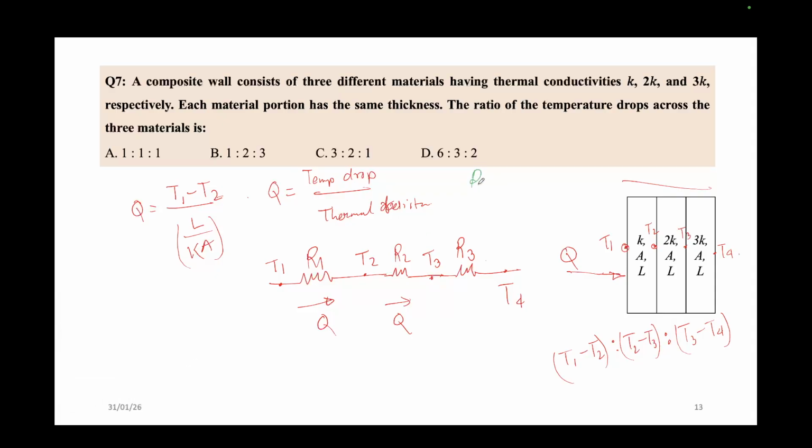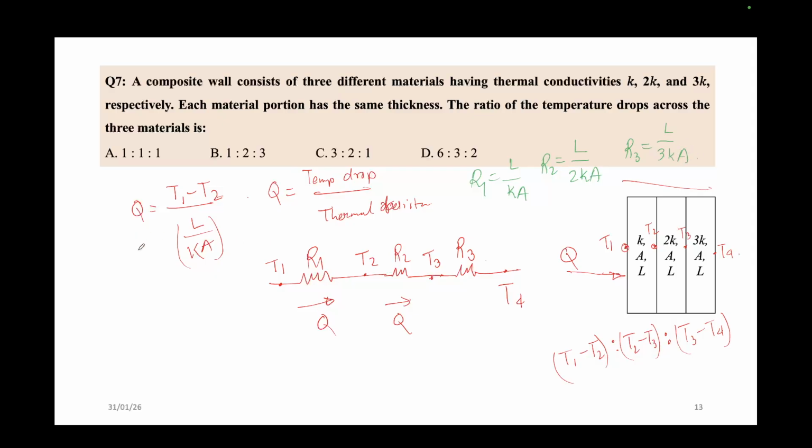So R1 is L by KA, because K, A and L are the same. R2 is L by 2KA. R3 is L by 3KA. I got this R1.